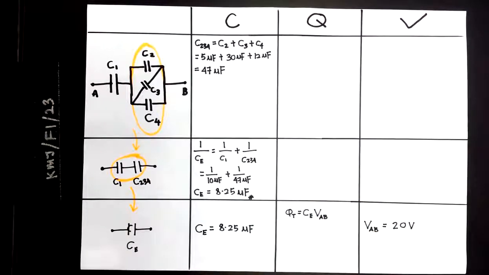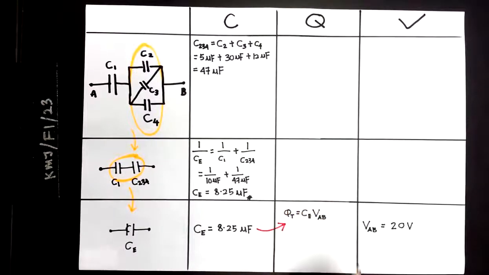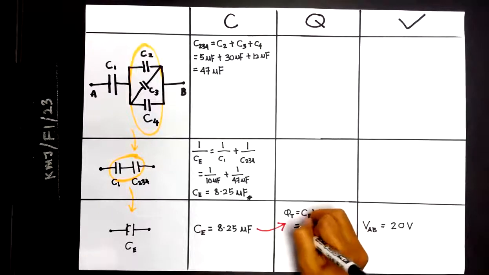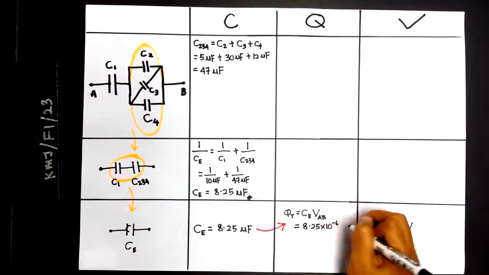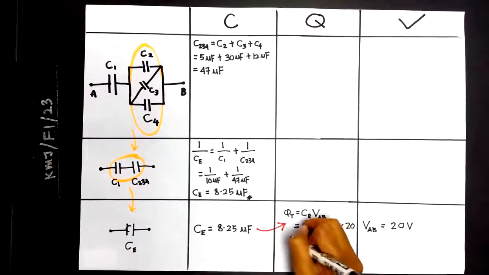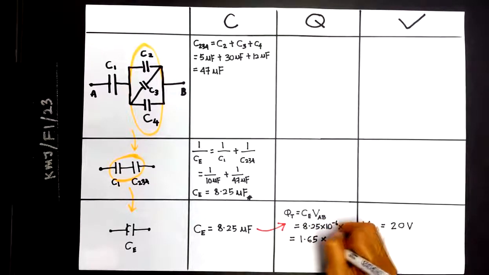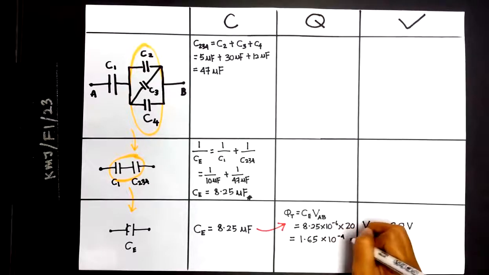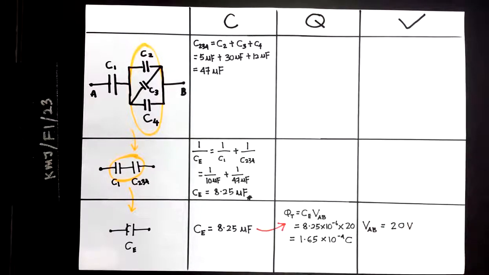The value of C effective can be taken from the first column. We'll do the substitution, and from there we will get the total charge in the circuit, which is 1.65 times 10 to the power of negative 4 coulomb.